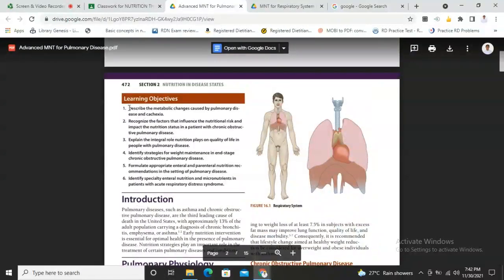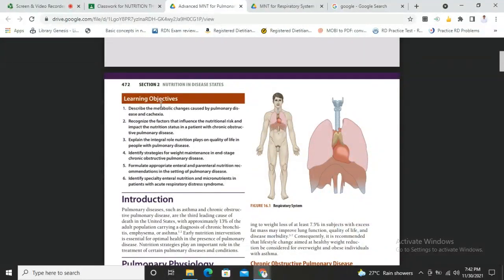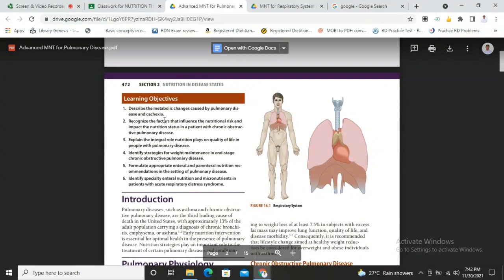Describe the metabolic changes caused by pulmonary disease and cachexia. Again, it is inflammation that leads to malnutrition.